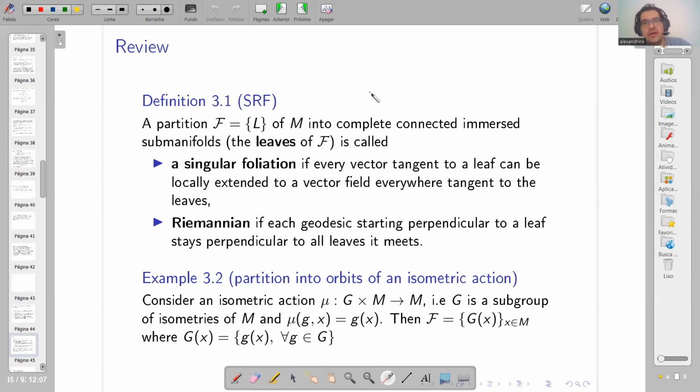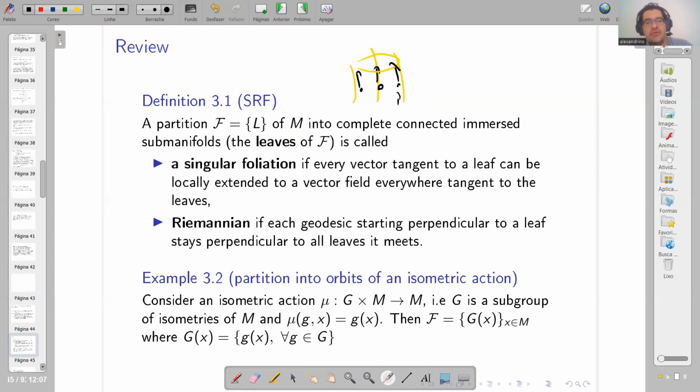So if you have this vector and your foliation here, then you create vector fields that are also tangent to the other leaves. This includes the definition of regular foliation. You can define a regular foliation like that. I think it's even easier for students to understand.